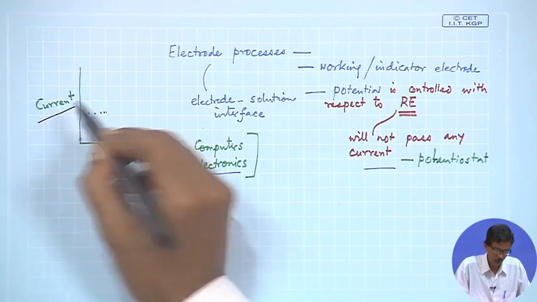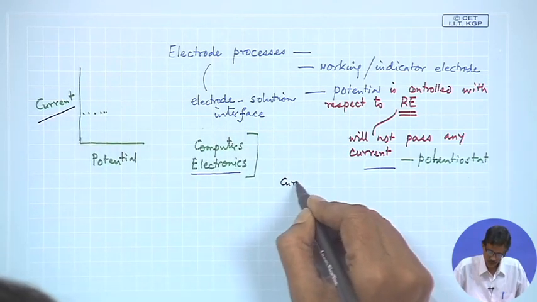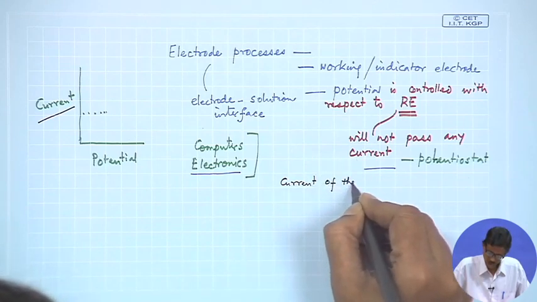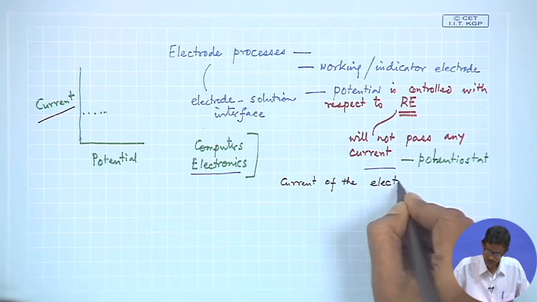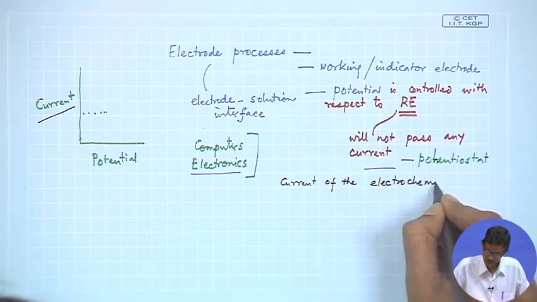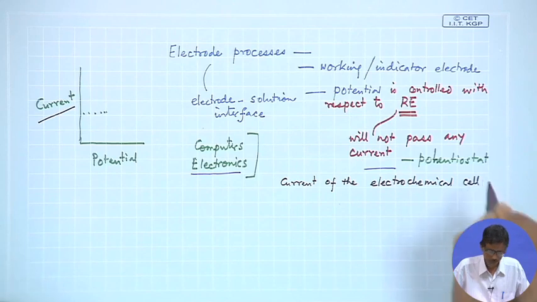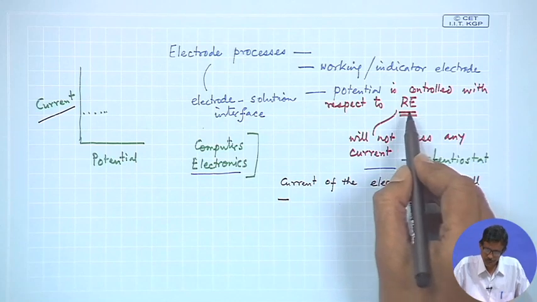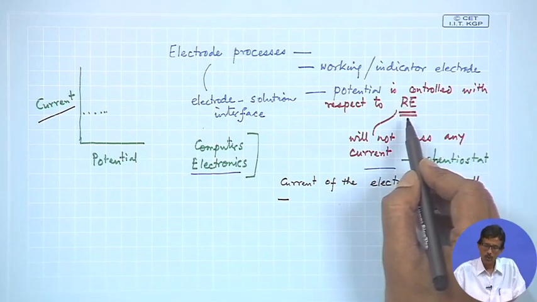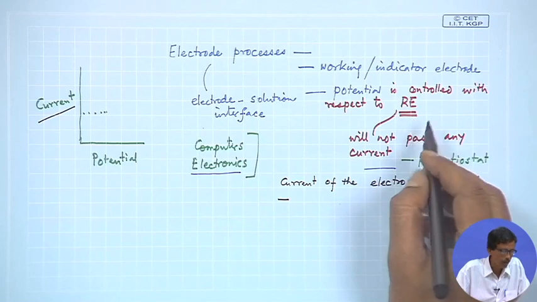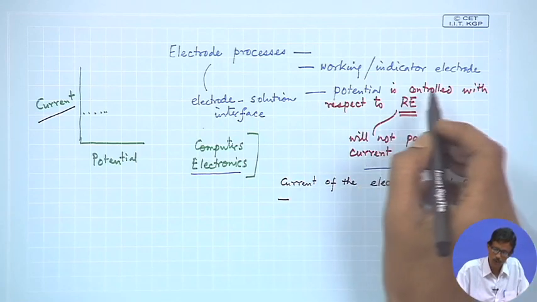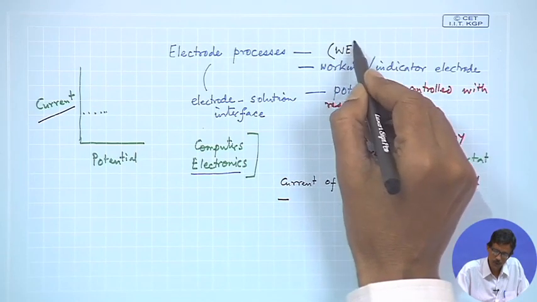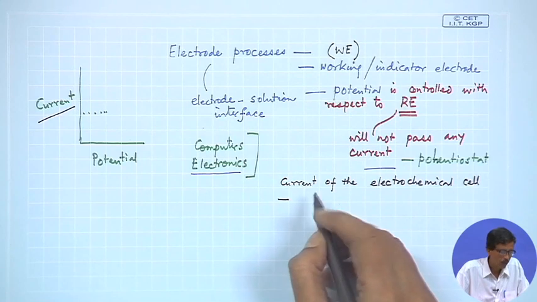And the second component we now want to measure is your current, the current of the electrochemical cell. How do we get that particular current? Because we are not allowing the current to pass through the reference electrode, whatever current we are allowing to pass is through the corresponding auxiliary electrode. So, we have the same working electrode. This was your WE, the working electrode, and here also you will have the working electrode.